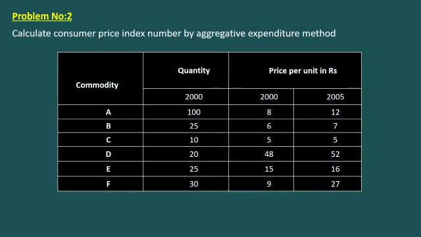Next question. Calculate consumer price index number by aggregative expenditure method. So in the question we have 6 commodities. Base year 2000 quantity, base year 2000 price, and current year 2005 prices are mentioned. Now let us work out the solution for this problem.